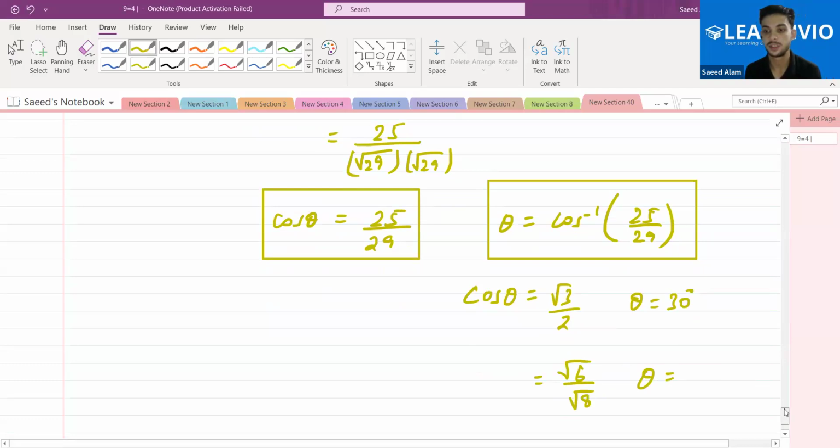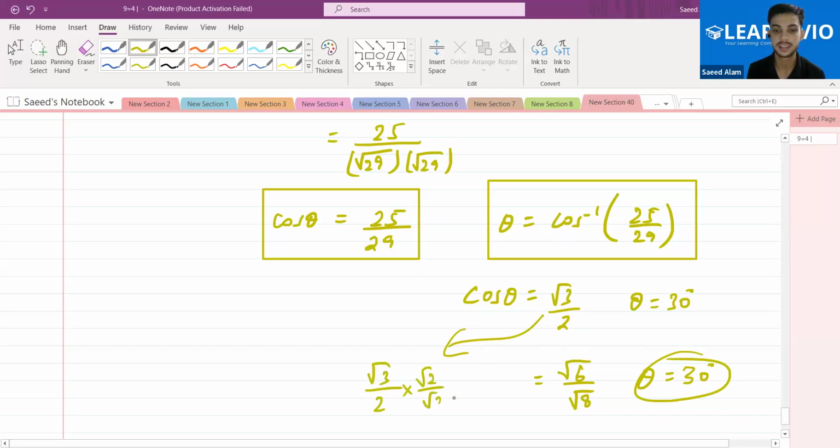Yes, both of you, tell me, what will be the theta in this case? It will be still 30 degree. I had not done anything. I just changed this form by multiplying root 2 in numerator and denominator. It was already given to me this. I just multiplied this. So what will I get?